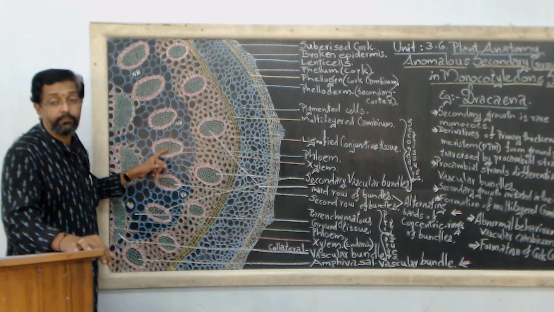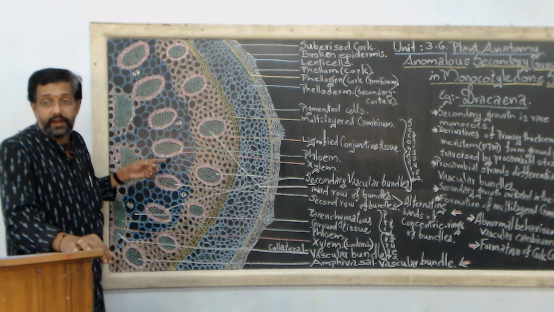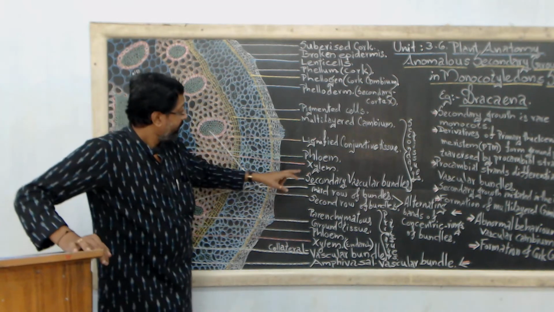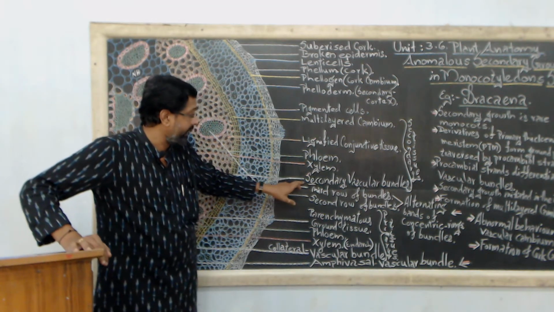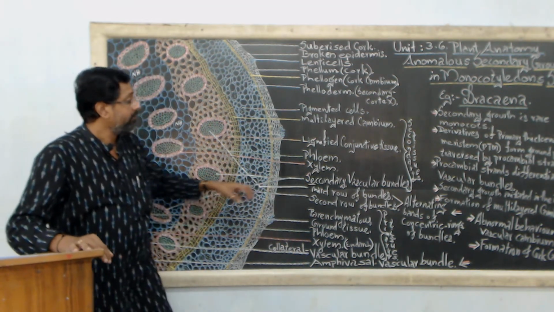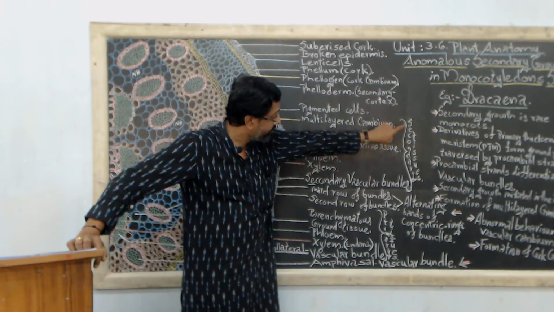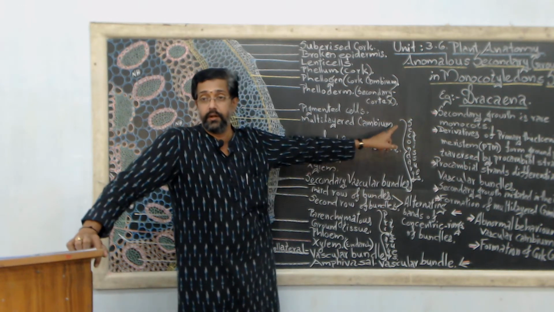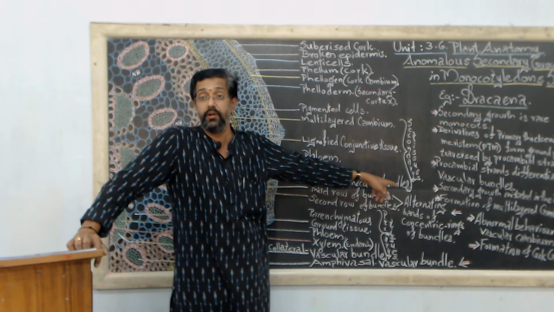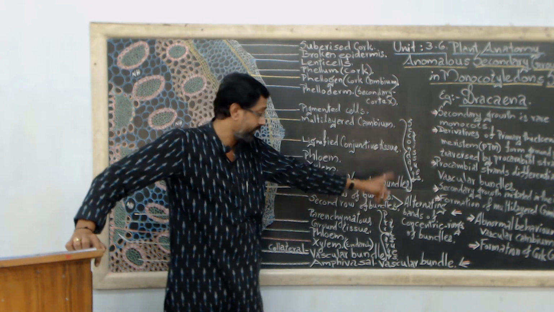That is, the phloem is completely surrounded with the xylem elements. And these phloem, xylem, and the secondary vascular bundles are part of the secondary tissues. That is, they are developed during secondary growth in thickness, and they are considered as secondary tissues.